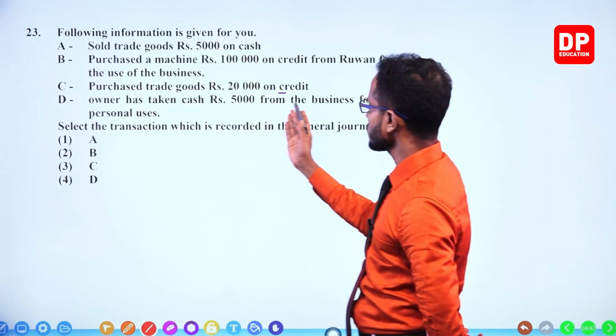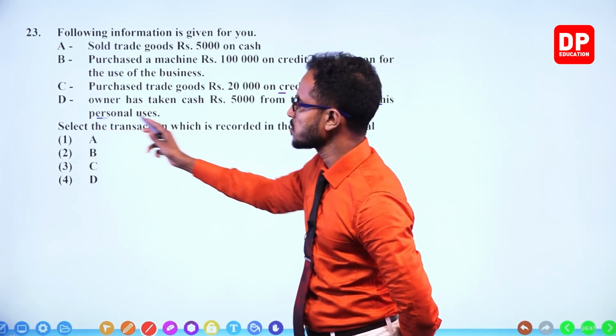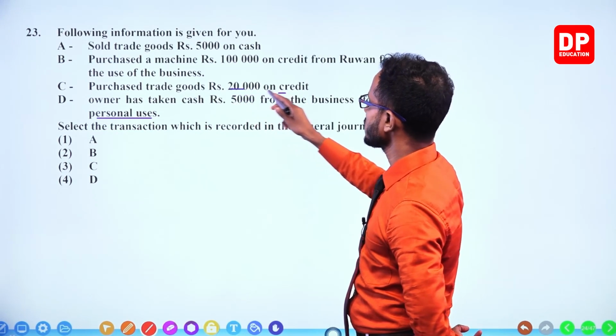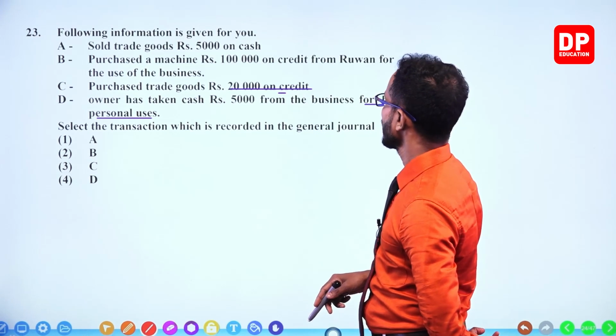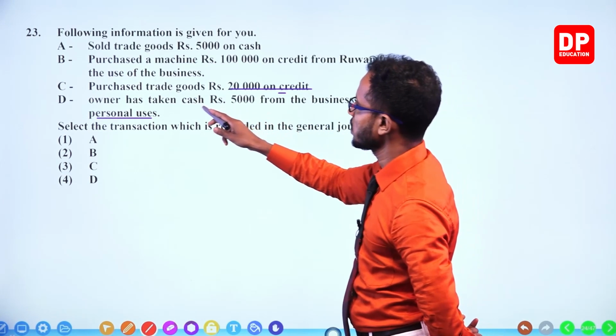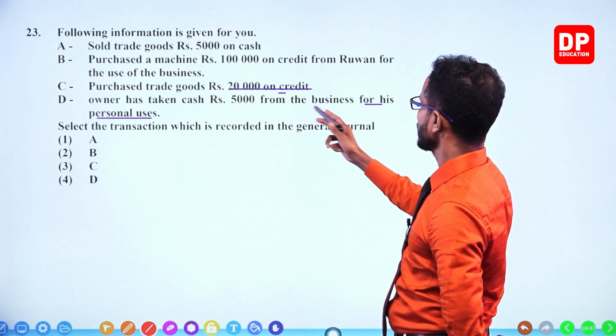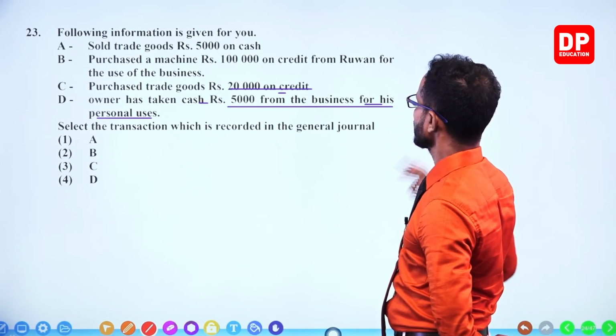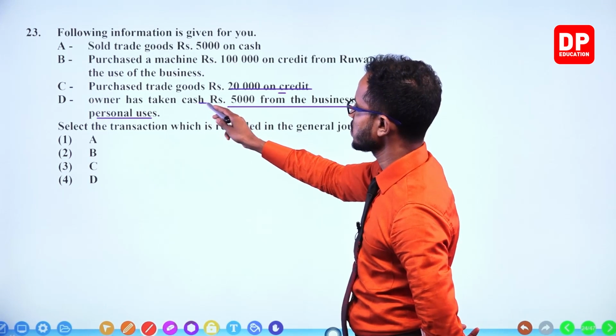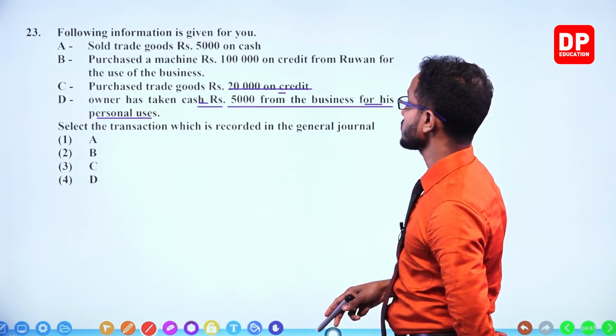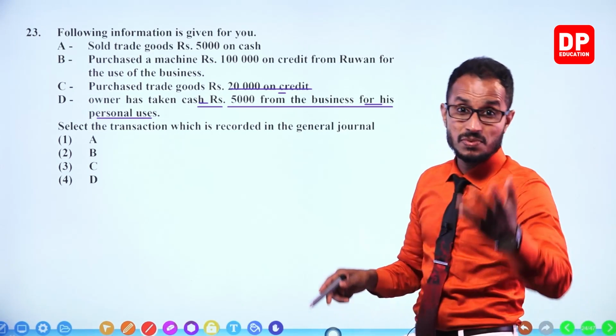Owner has taken cash 5,000 from the business for his personal use. It's a drawing.